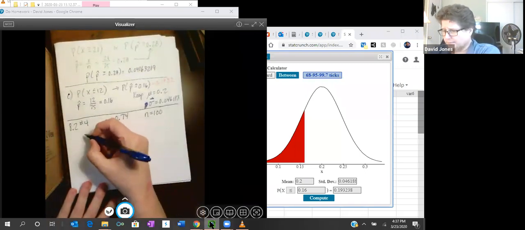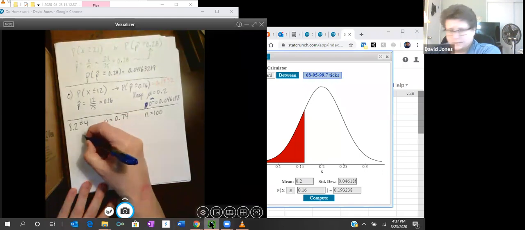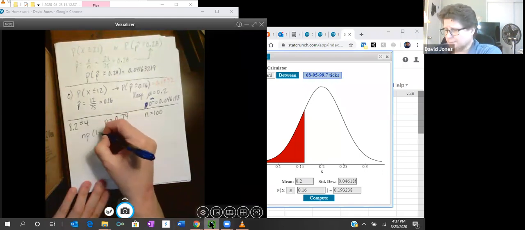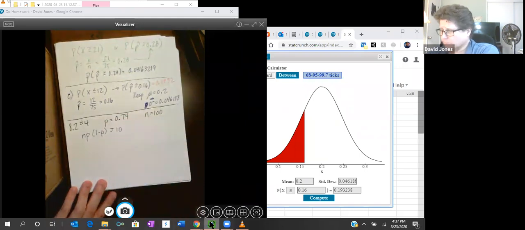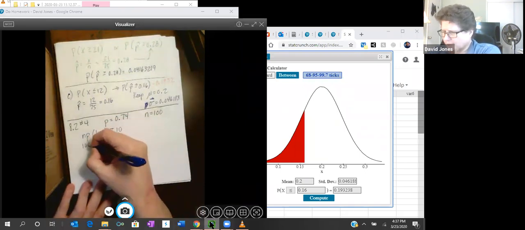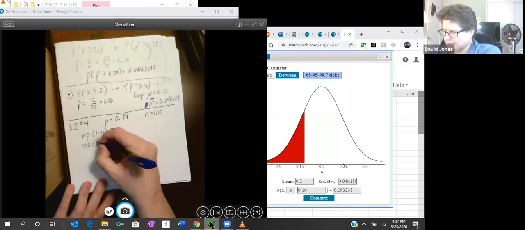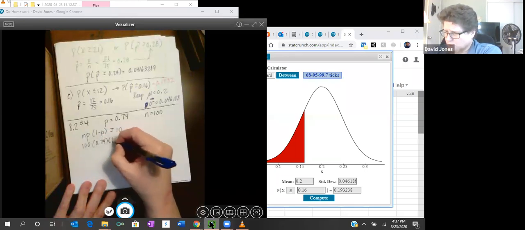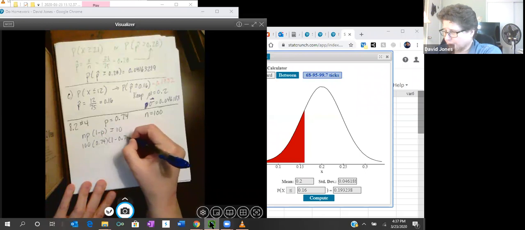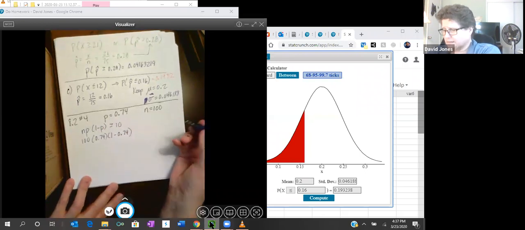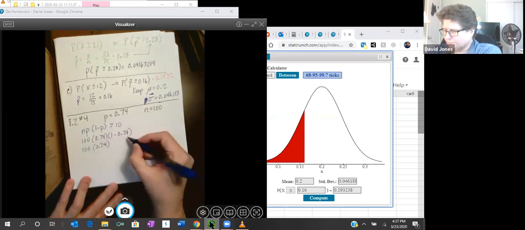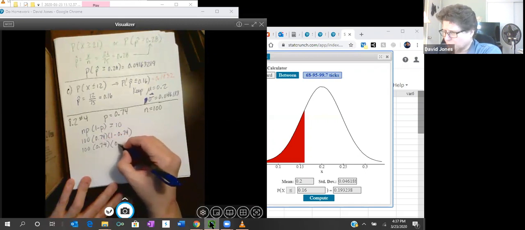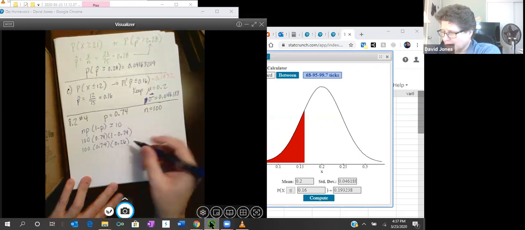So we want n times p times 1 minus p to be greater than or equal to 10. 100 times 0.74 times 1 minus 0.74. Well, this is 100 times 0.74 times 0.26, and I'm going to need that later.